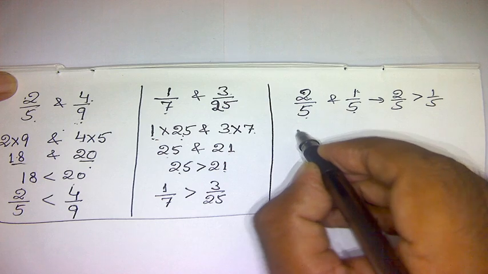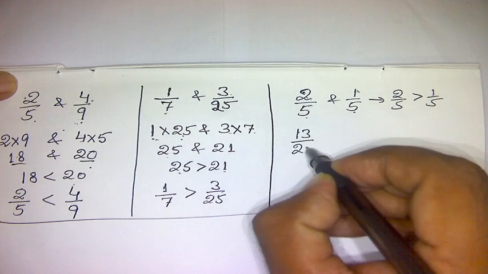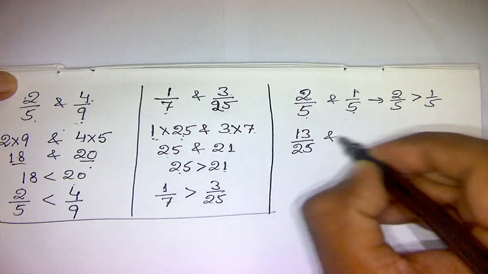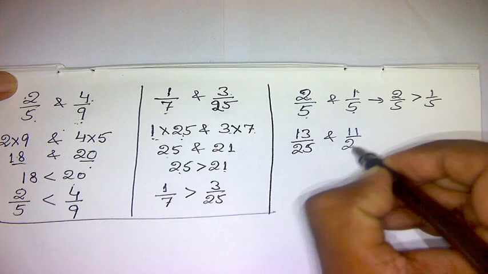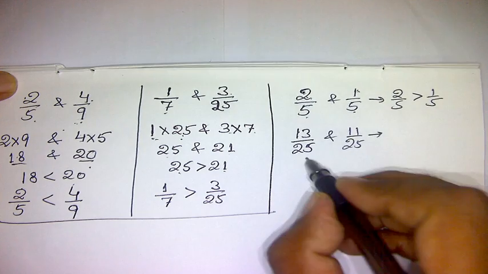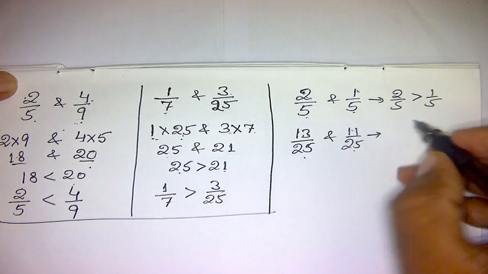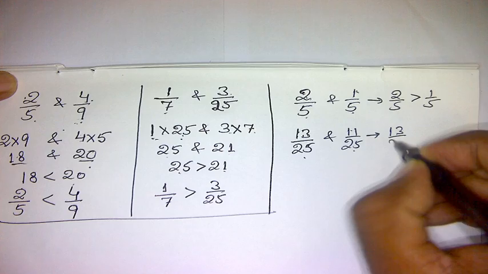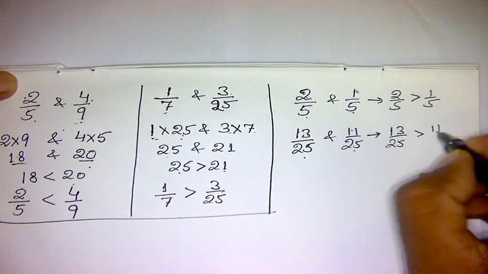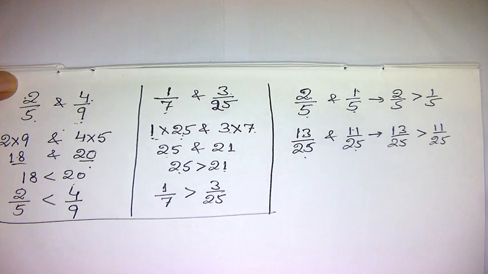In the same way, if it is 13 upon 25 and 11 upon 25, denominators are the same, so 13 and 11, 13 is greater, so we will say 13 upon 25 is greater than 11 upon 25.